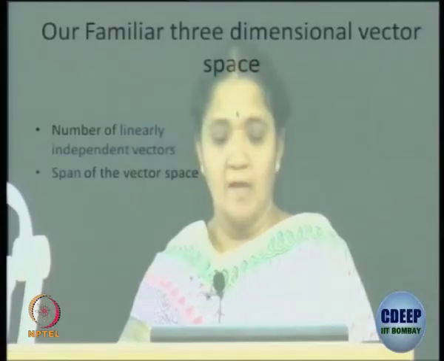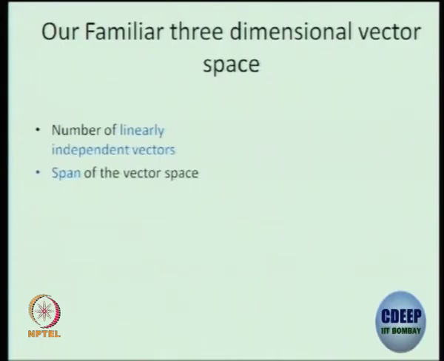Many times you won't even know what the dimension is, you have to figure it out in general, okay. So here linear independence is the definition I have said, and you also have to know, if you are given a space, how do you span the space? Span means you should be able to write any arbitrary vector using those spanning vectors.